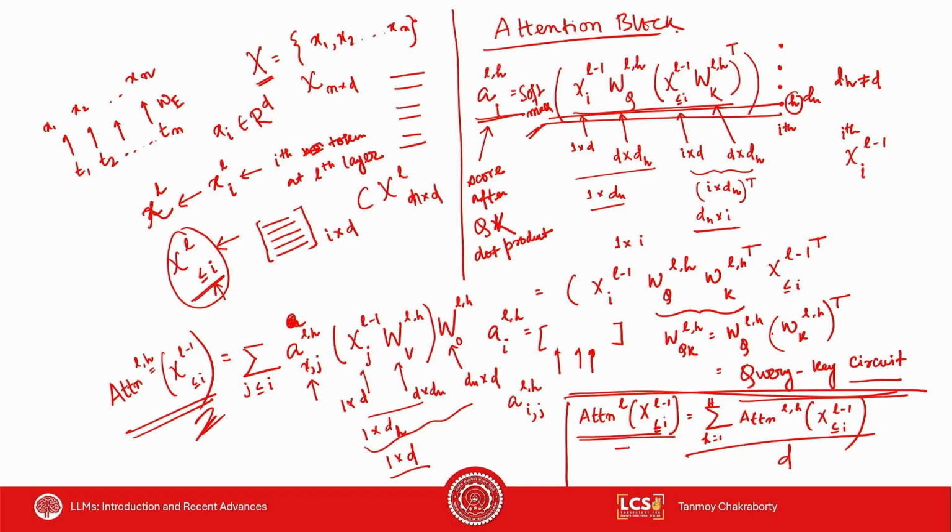So this plus X_i^(L-1), these two things will be added, and this will produce the input for the feed forward layer block. I call it X_i^mid, layer L. So layer L is not done yet, okay?